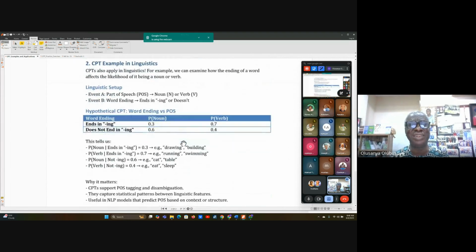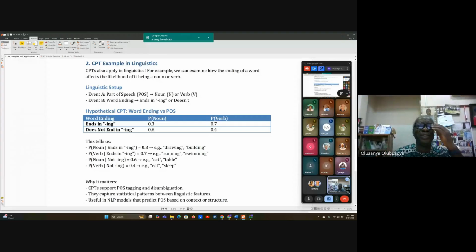Then the other one is on a linguistic problem. This is a very interesting example or application of the CPT in linguistics. We can examine how the ending of a word affects the likelihood of it being a noun or verb.